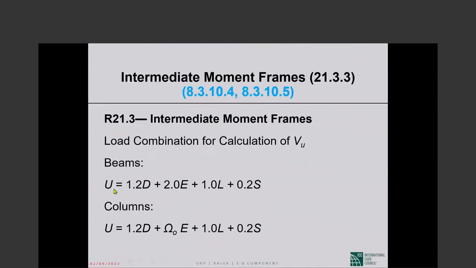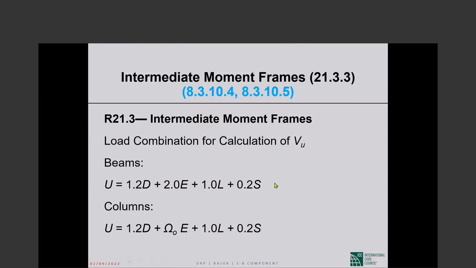So we have two seismic load combinations. Remember, this is the additive; there is a counteractive load combination. The maximum shear will come from the additive load combination, so the counteractive is not in the picture.